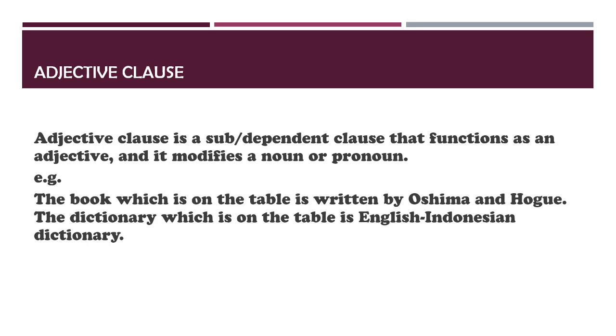Then which is on the table is a subclause, specifically an adjective clause. For the second example, the dictionary is English Indonesian Dictionary is a main clause. And then which is on the table is a subclause, especially an adjective clause, which modifies the dictionary.